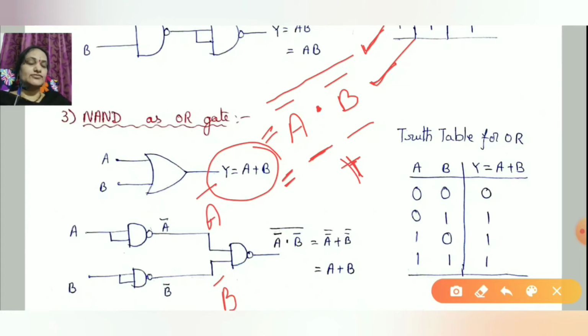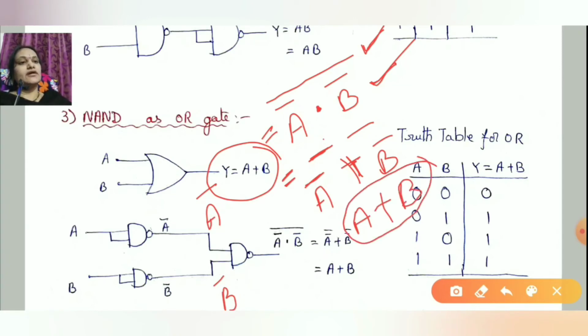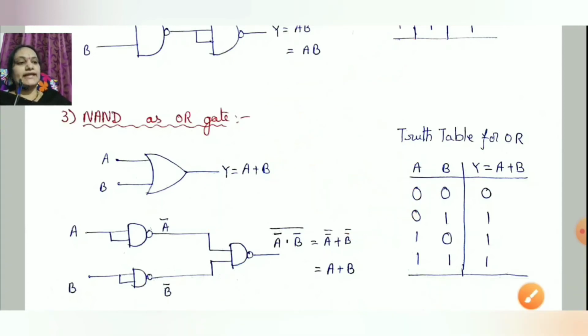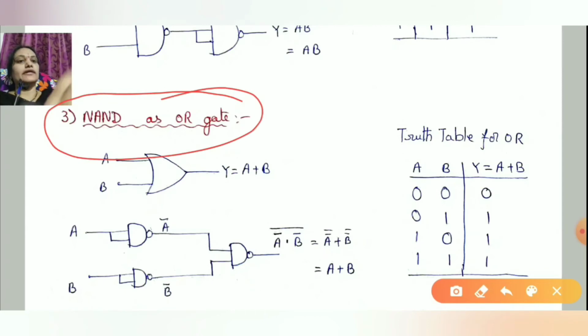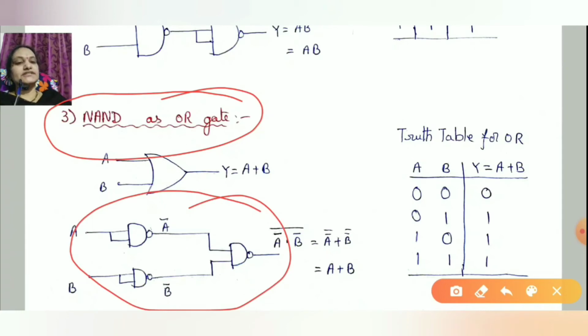Again you write the terms as they are, that is A bar, B bar. Finally, we got A double complement plus B double complement. A double complement means A and B double complement means B. That is the addition of two inputs. Thus, the NAND gate acted as an OR gate by using 3 NAND gates, and the connections are like this.